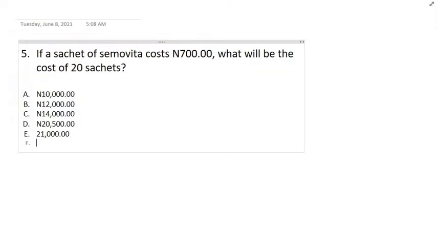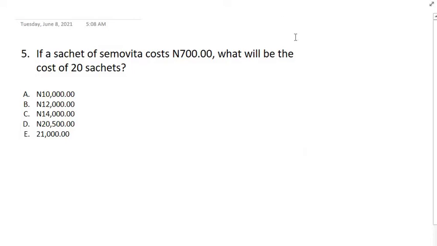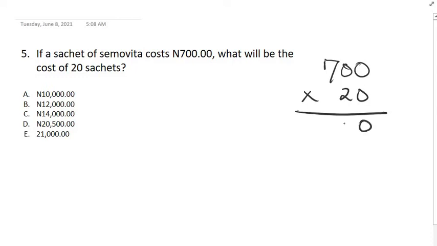Question 5. Now in this question, if a sachet of semovita costs 700, what will be the cost of 20 sachets? A sachet is 700. So 20 sachets will be 700 times 20. 0 times 0 is 0, 0, 0.